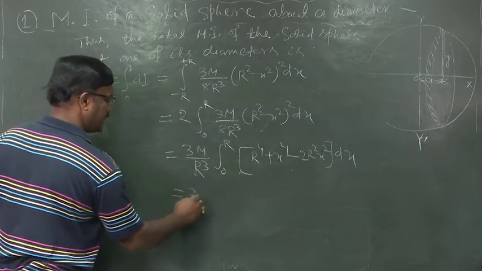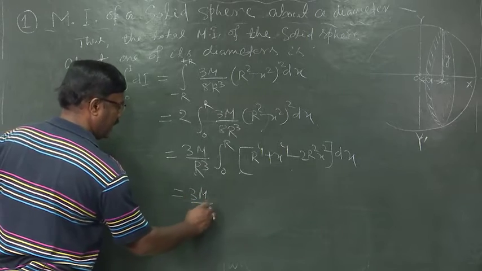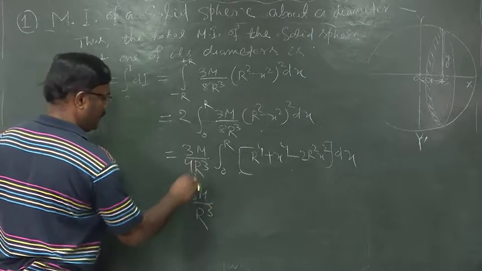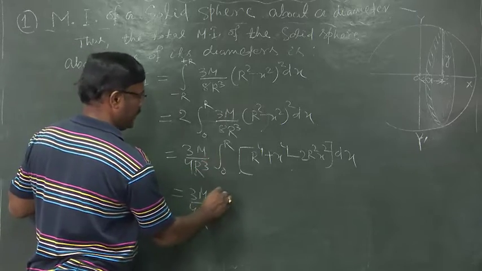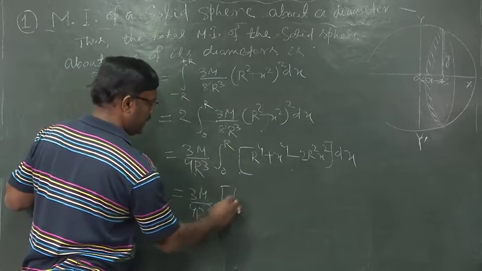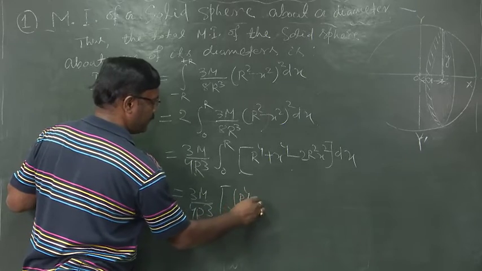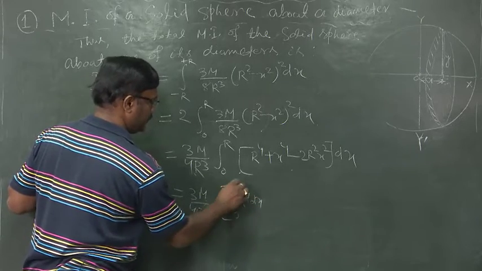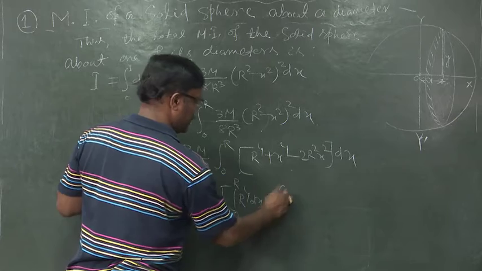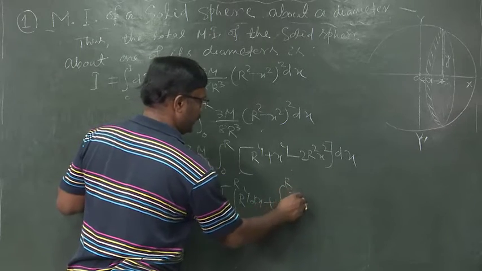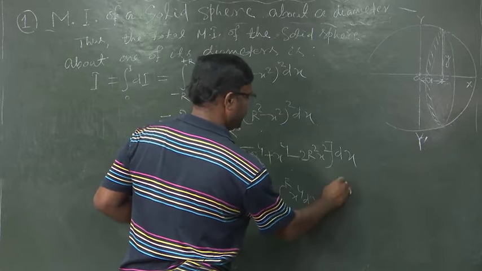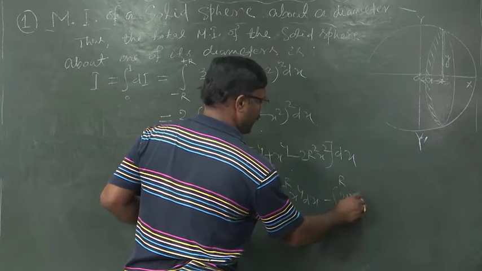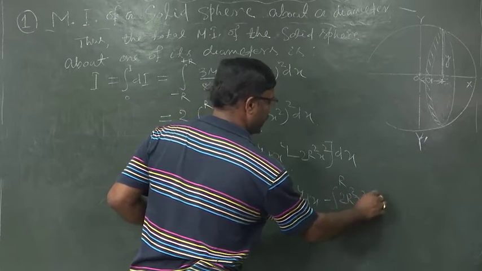which can be written as 3m by 4r cube, and this becomes the integration of r4 dx from 0 to r plus the integration from 0 to r of x4 dx minus the integration from 0 to r of 2r square x square dx.